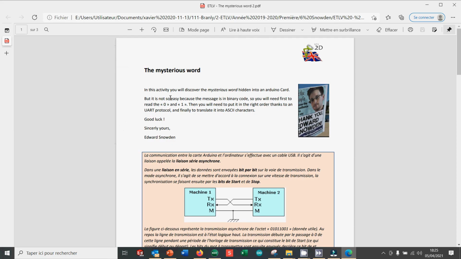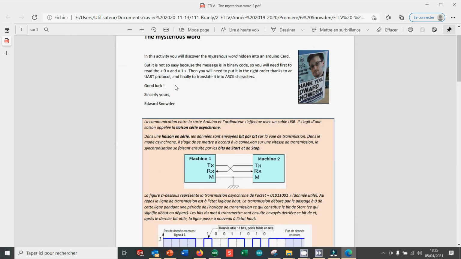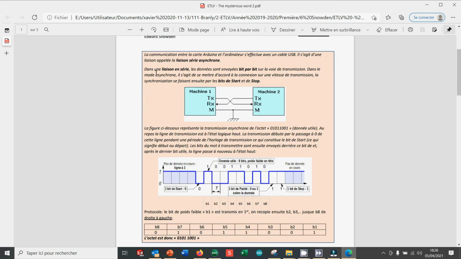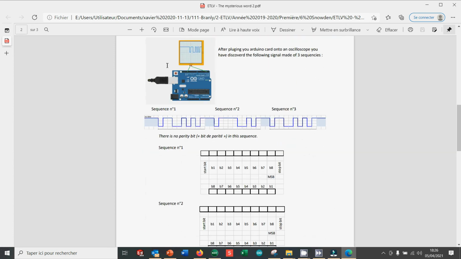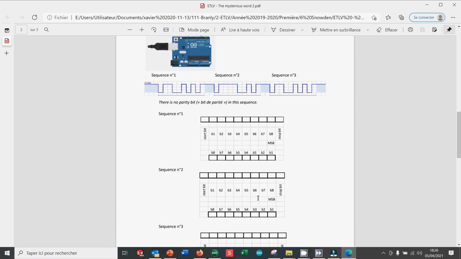Okay, so now it's your turn. You need to translate the mysterious word that has been left by Snowden, Edward Snowden. So you have to read first what is in red. So it's the course that has been translated in French. So now it will be easier for you to understand. And then you have to translate the sequence, the blue line here. So sequence 1, sequence 2, sequence 3. So you have to report all the bits, the 0, the 1, and so on.